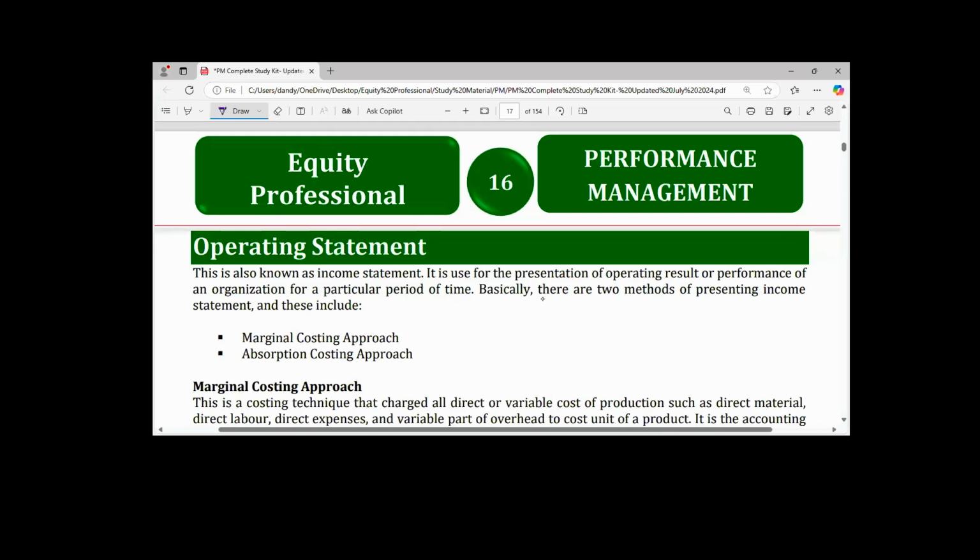However, I also mentioned that there are two specific methods that can be used to present the income statement. One is the marginal costing concept, then two, the absorption costing concept.